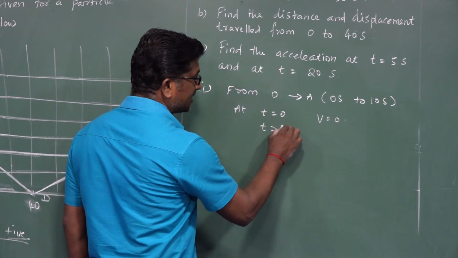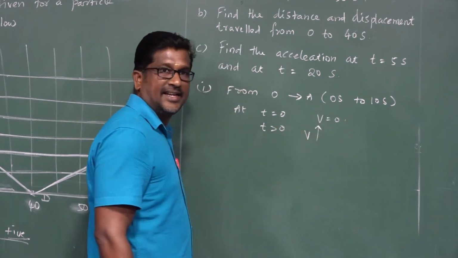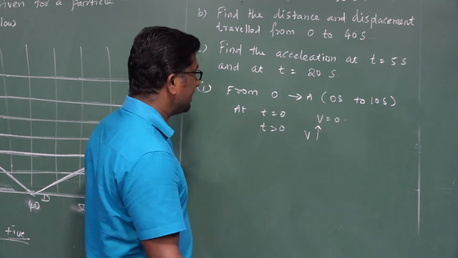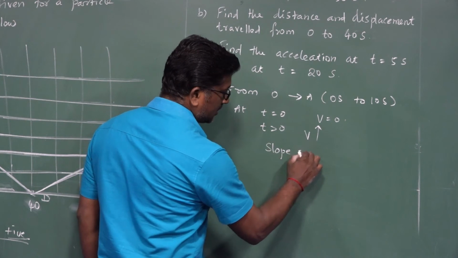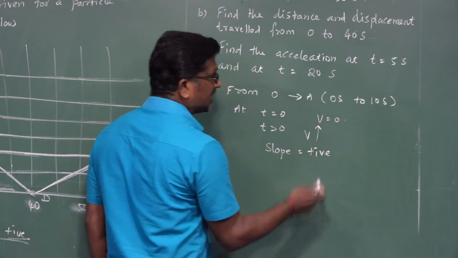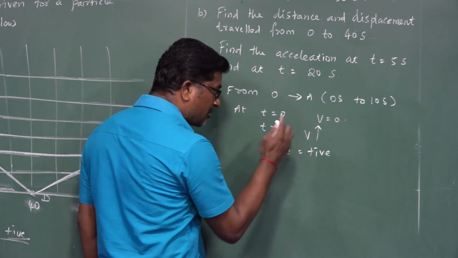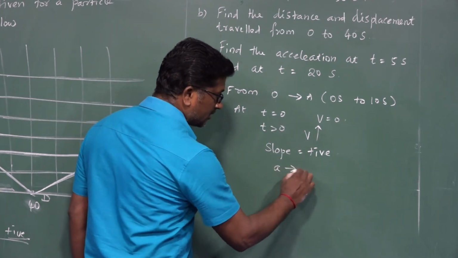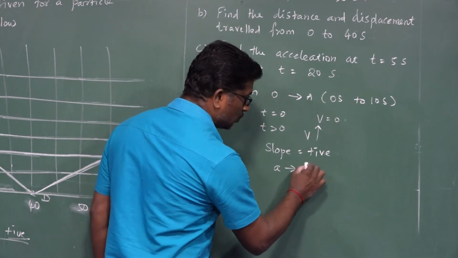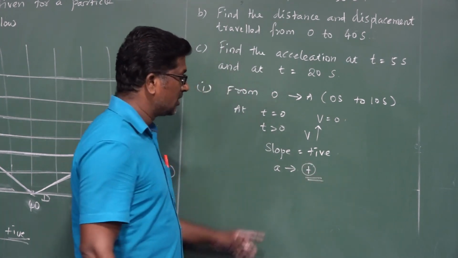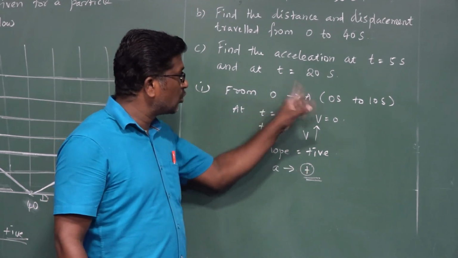At time t greater than 0, the particle velocity increases linearly. Then the slope value is positive in the region O to A. If the slope value is positive, the particle gets accelerated, with a positive value. So the particle has a positive acceleration in the region from O to A.